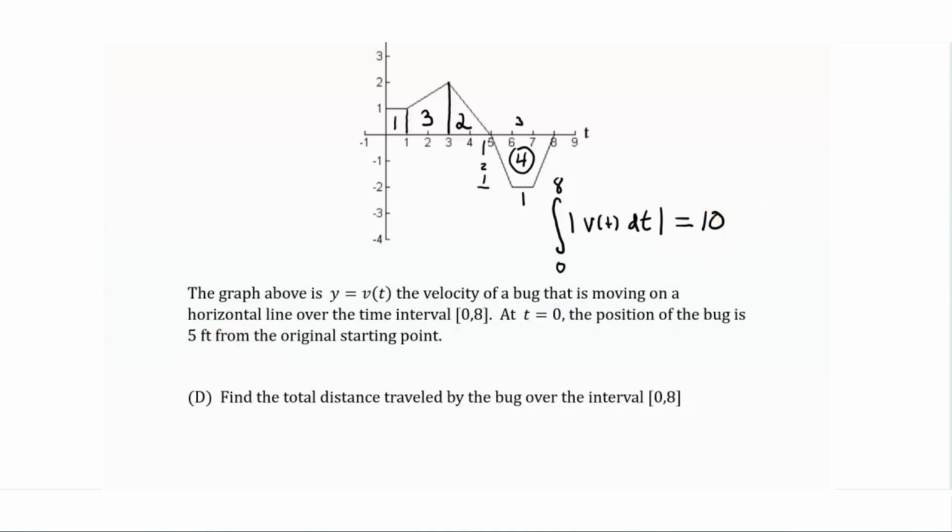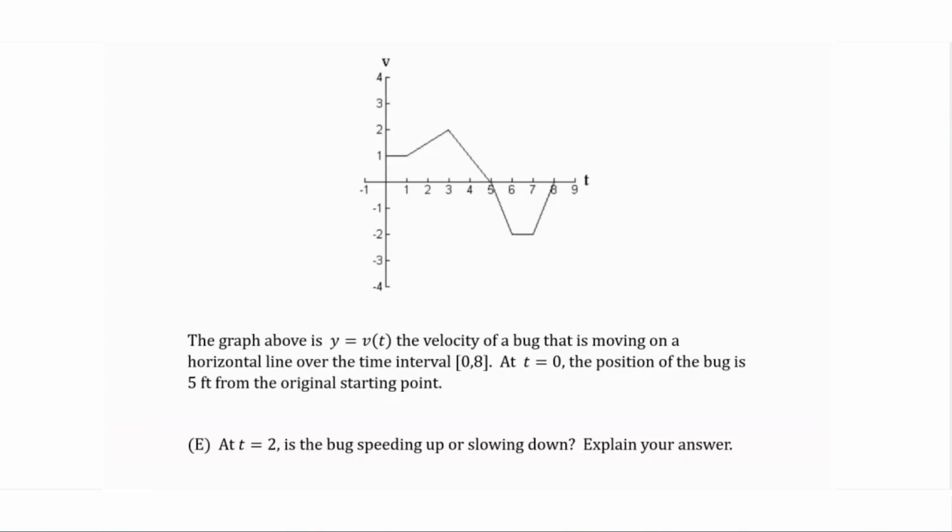Part E, our final part. At t equals 2, is the bug speeding up or slowing down? Explain your answer. When we're looking for speeding up or slowing down, speed increasing, speed decreasing type problems, what we want to do is compare velocity to acceleration.